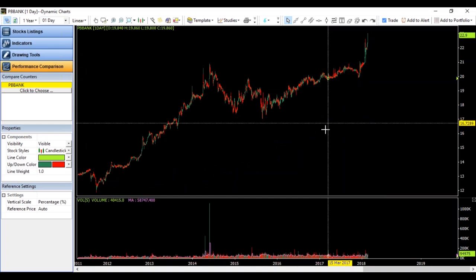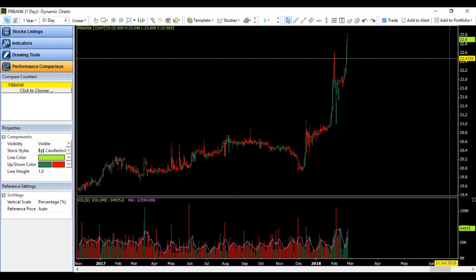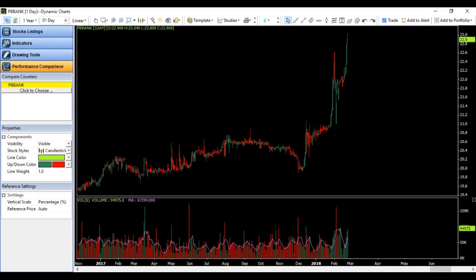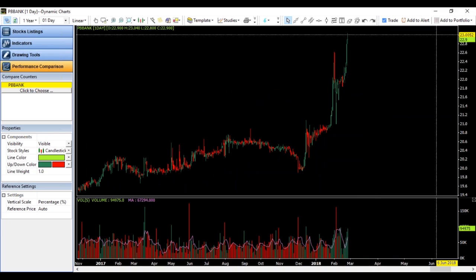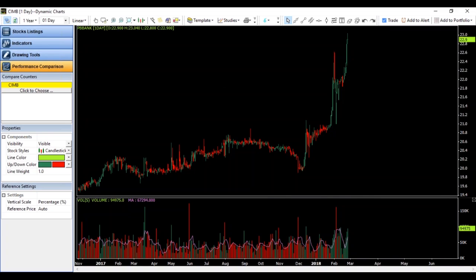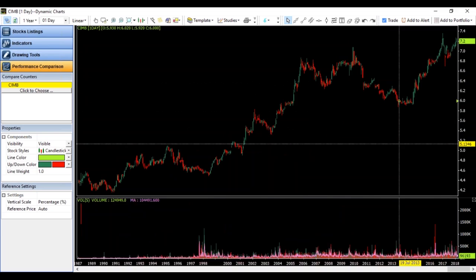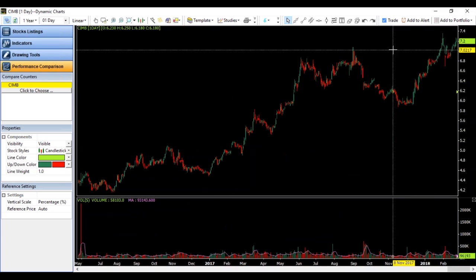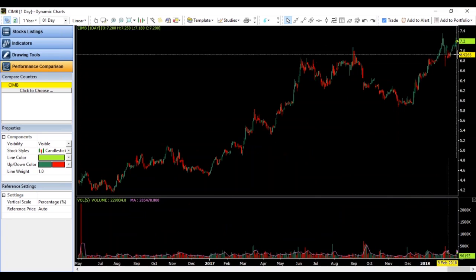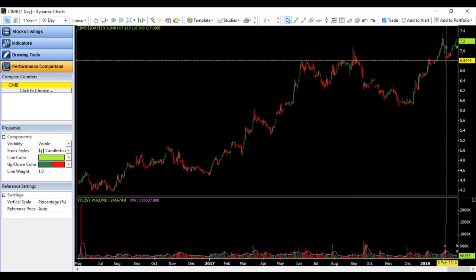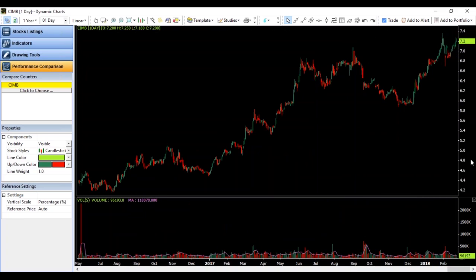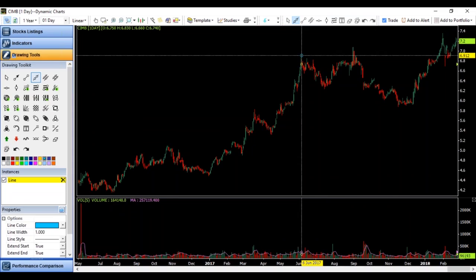And same goes with CIMB. You look at this, that's kind of an inverted head and shoulder in the making. That's the shoulder, that's the head, that's another shoulder. Anyone who's been a part of technical analysis and does their own studies will see it.